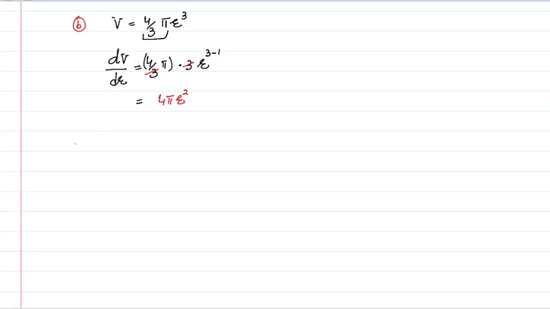Okay. Now we will see one more example. Suppose we have kinetic energy equal to 1 by 2 m v square. What we have to do? We have to differentiate this kinetic energy with respect to velocity.